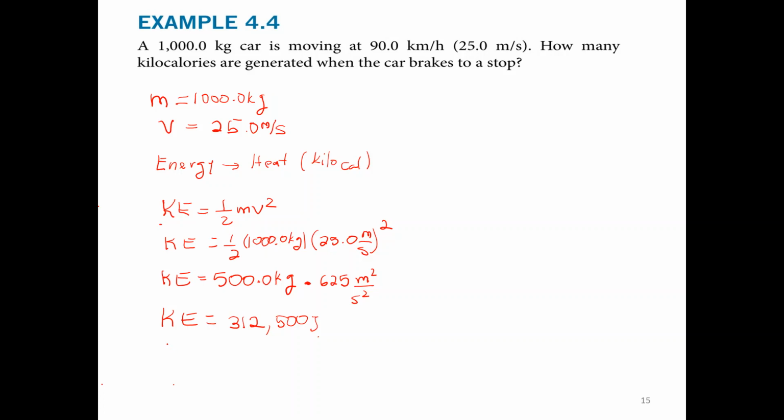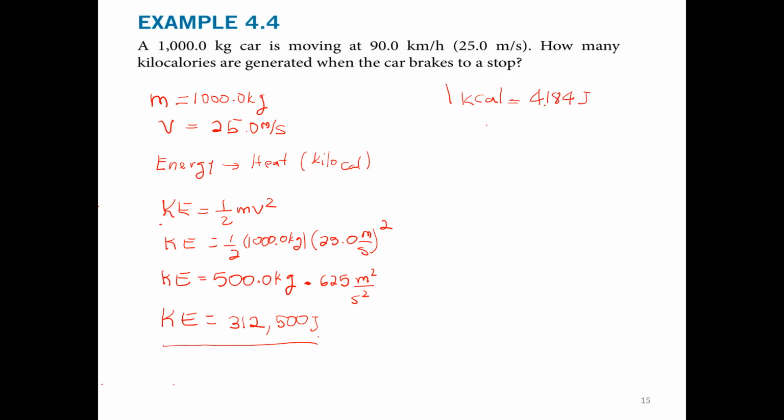But this is the energy that was converted into heat in joules, and we want to give this in kilocalories. For that we will use the conversion we discussed in the last slide, which is 1 kilocalorie equals 4,184 joules.